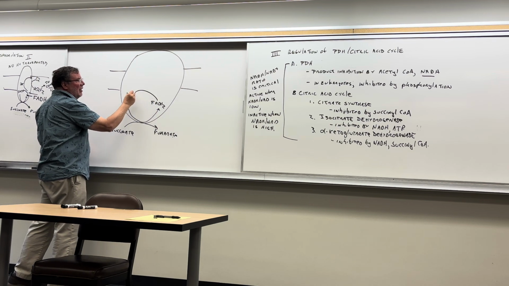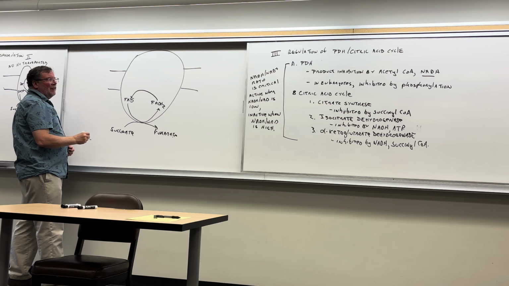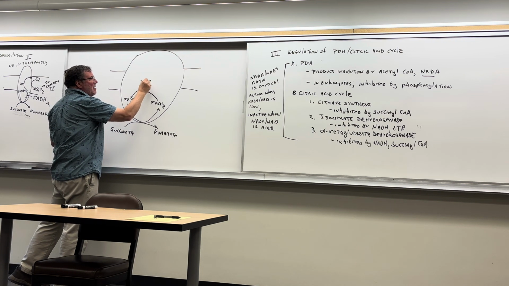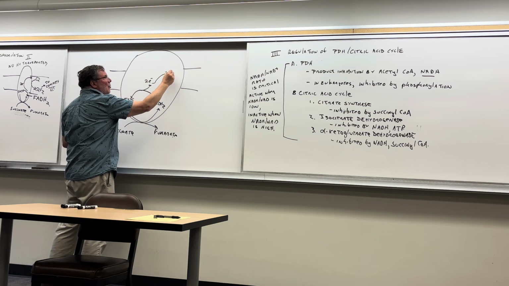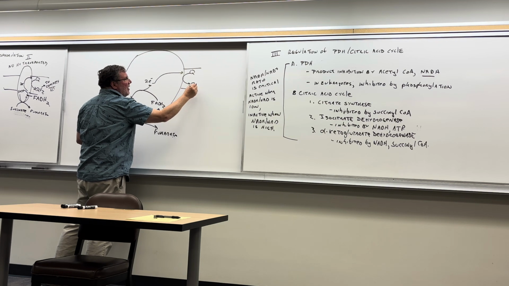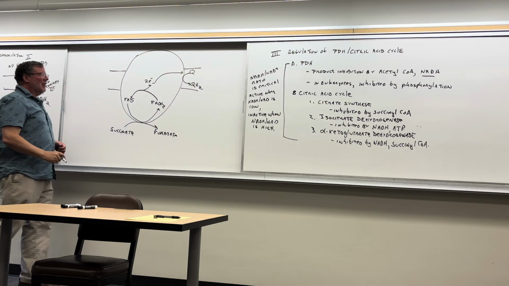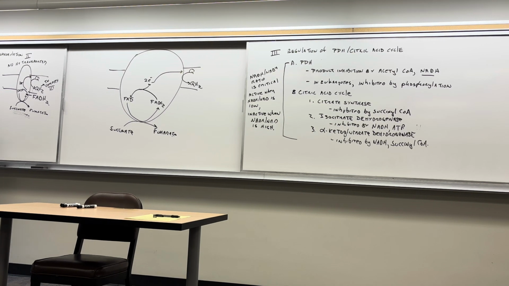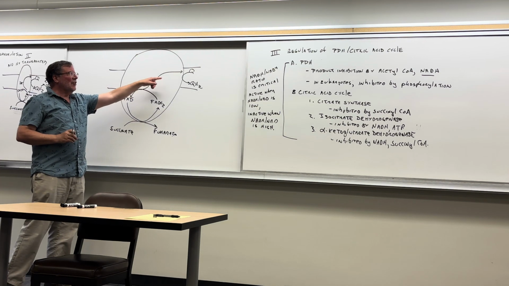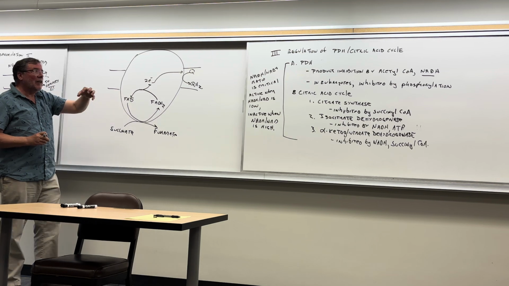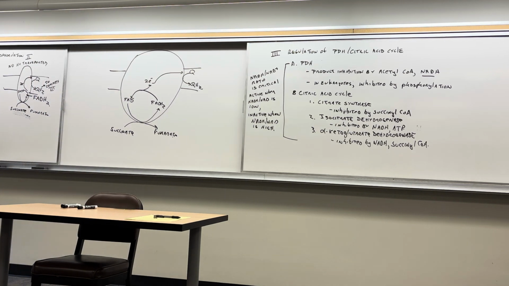Then as that gets reoxidized, those 2 electrons pass through and ultimately go to Q to make QH2. Is that a little bit easier to see? And as we get into details, this doesn't just pass willy-nilly, but there are actually some specific redox centers in here where the electrons are passed from one to the other.